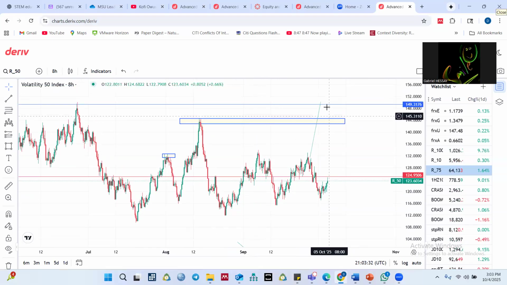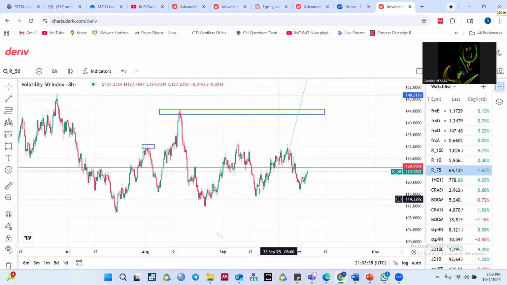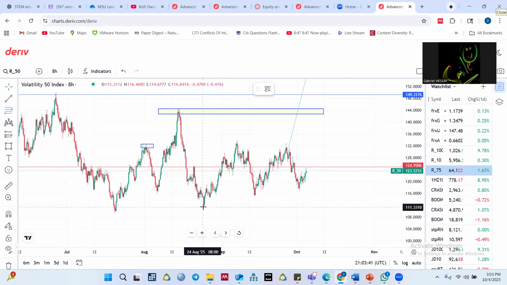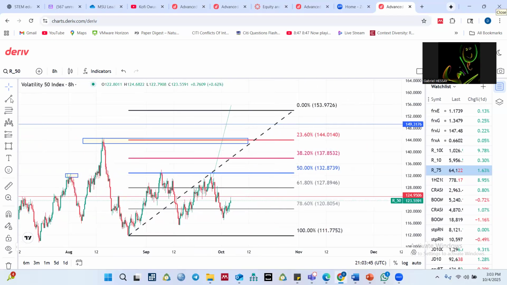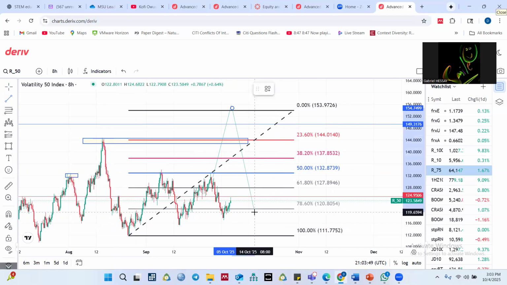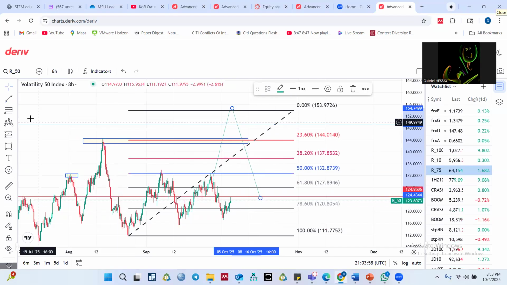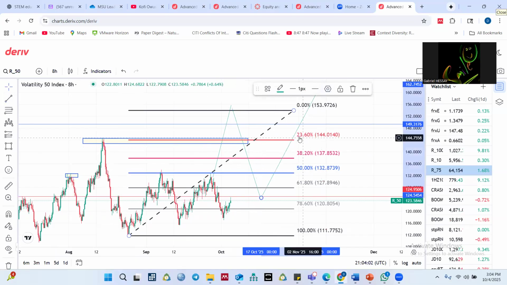Okay, and this will be like a second break of structure for us, and we would expect now a pullback into the discount area or zone, maybe 50% or here or the precision support line again, and then a bigger move to the upside.